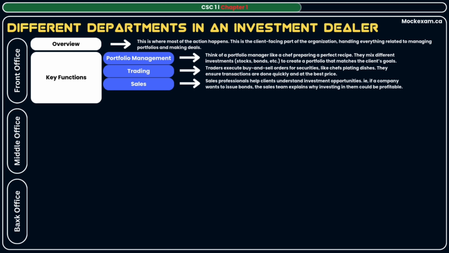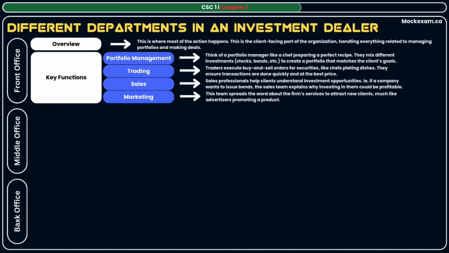Sales. Sales professionals help clients understand investment opportunities. For example, if a company wants to issue bonds, the sales team explains why investing in them could be profitable. And finally, marketing. This team spreads the word about the firm's services to attract new clients, much like advertisers promoting a product.